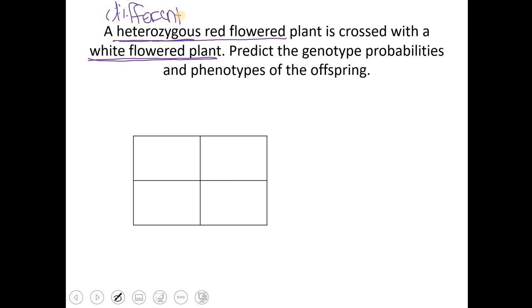If it has a big letter and a little letter, that means this plant has to show up as the dominant version. So we've got to decide, is red dominant or is white dominant? And we would say that red is dominant because in the heterozygous one with one big letter and one little letter, this plant shows up red.